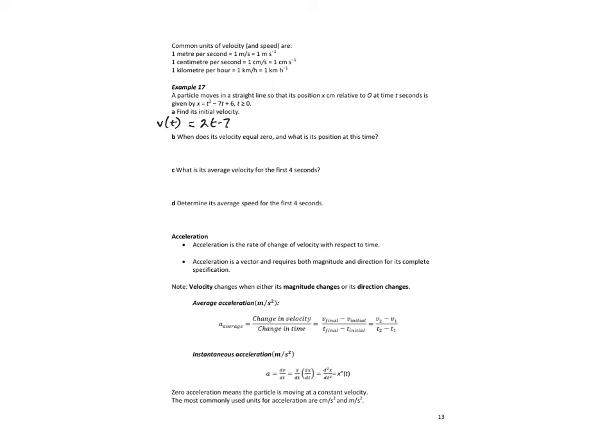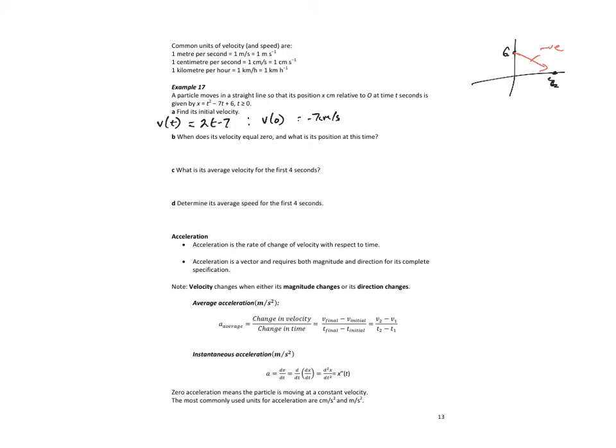The initial velocity is the velocity at 0, which is negative 7 centimetres per second. So if there's my axis and I'm starting at 6, then I'm heading back towards the origin. The gradient there is negative, and in fact it's negative 7 centimetres per second at the start.